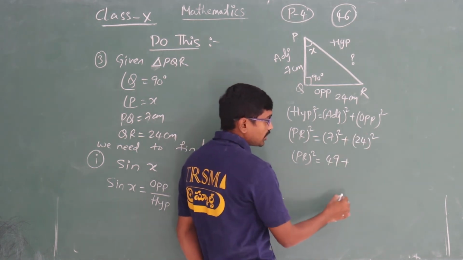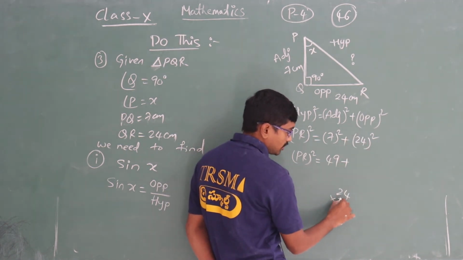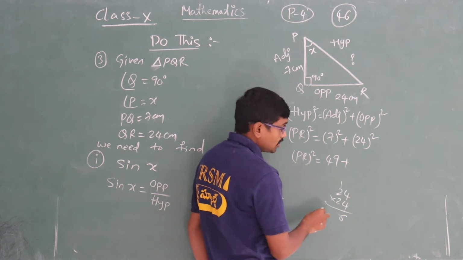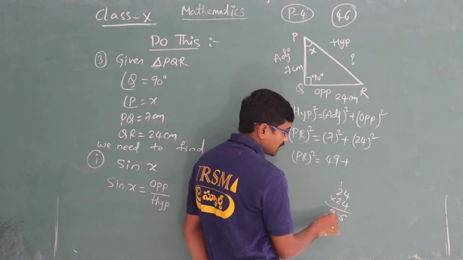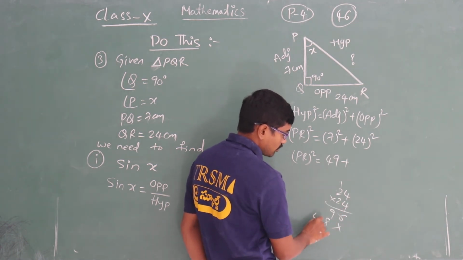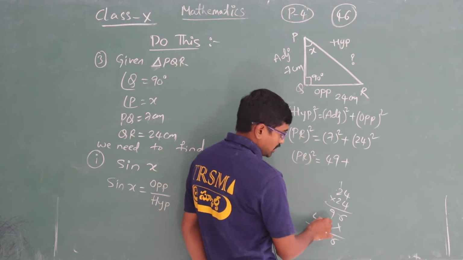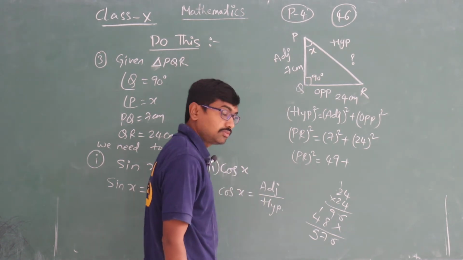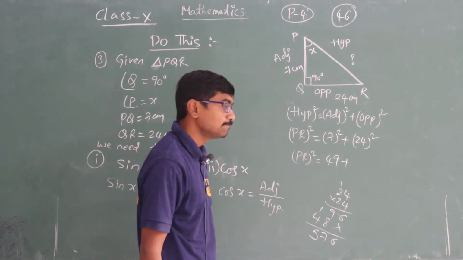If I multiply 24 into 24, 4 4s are 16, 4 2s are 8 plus 1 is 9, 2 4s are 8, 2 2s are 4, 6, 8, 8, 16, 17. How much have we got here? 576.